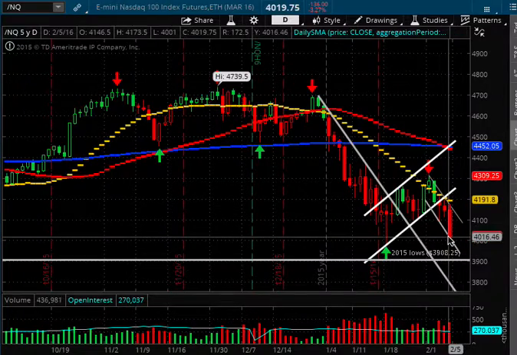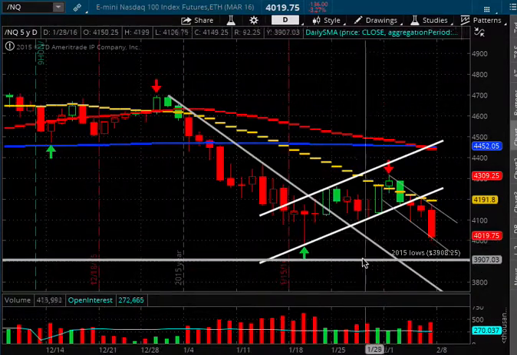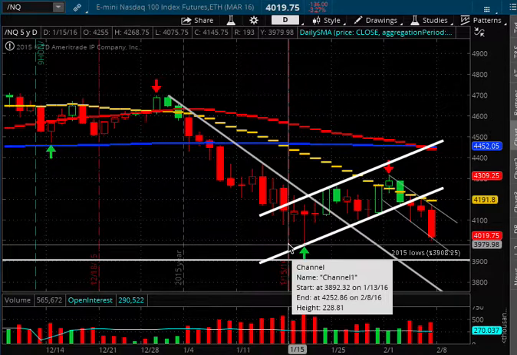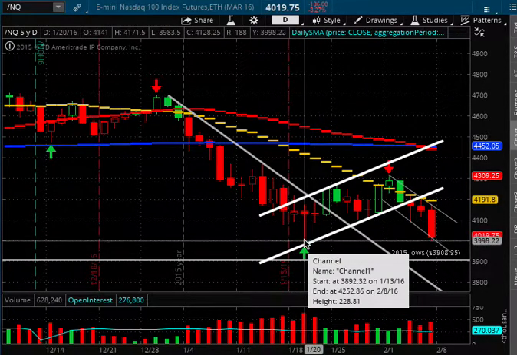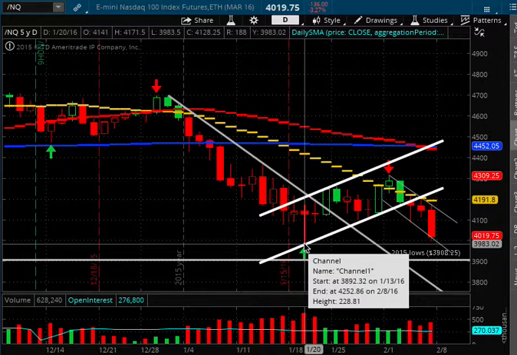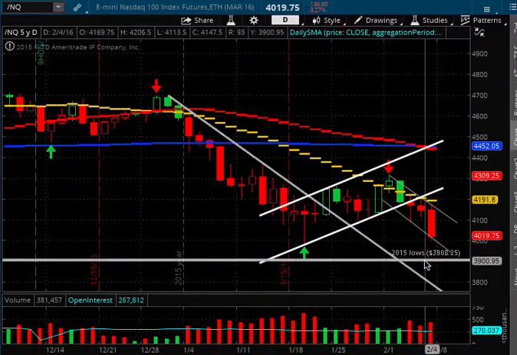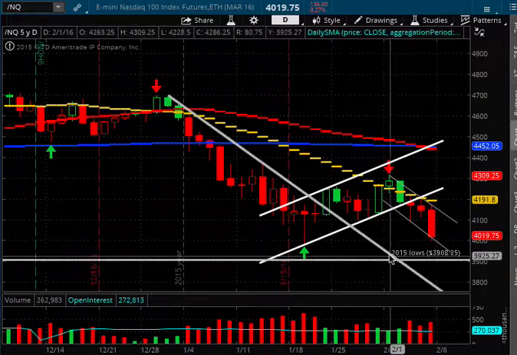So how far do I think we will fall? We'll probably fall all the way to at least the 2015 lows. Right now we're not quite there yet, but looks like 39.83.85. Looks like by Monday we should be at the January lows, and if we get to the 2015 lows, it's going to be a problem if we break this line.